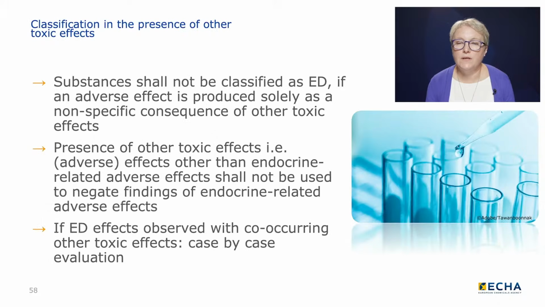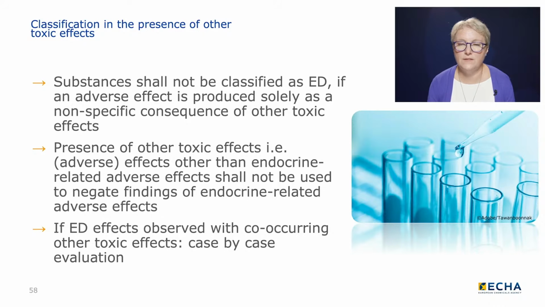Regarding co-occurring other toxicity, substances shall not be classified as ED if endocrine adversity is solely a non-specific consequence of other toxicity. For example, the co-occurring toxicity is so severe that animals are suffering or dying.